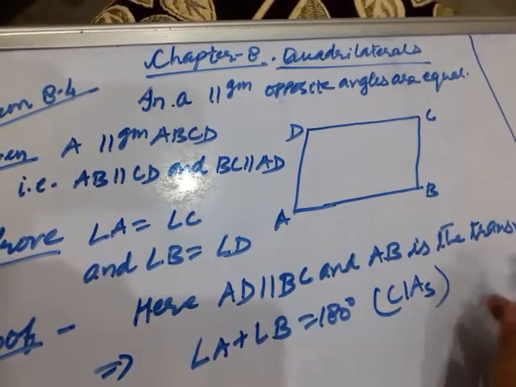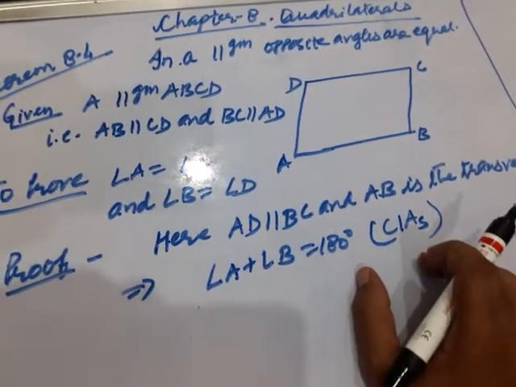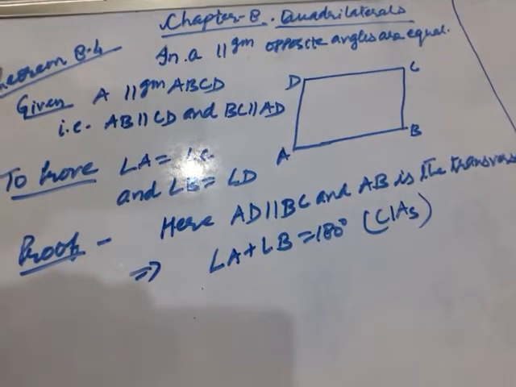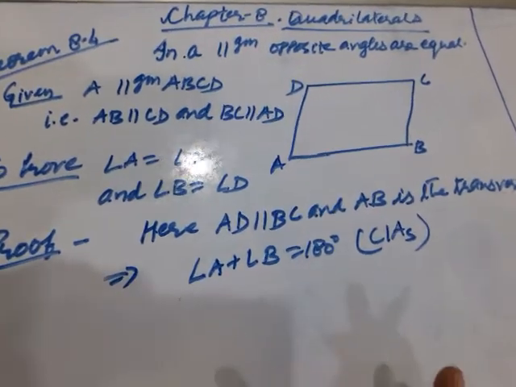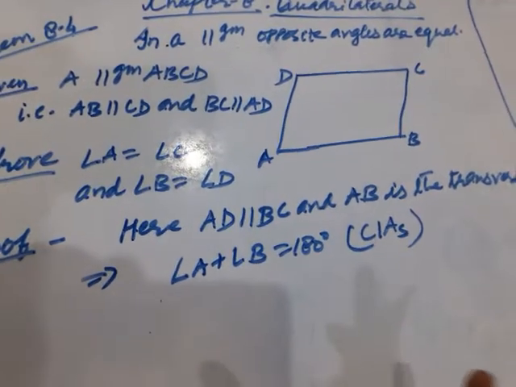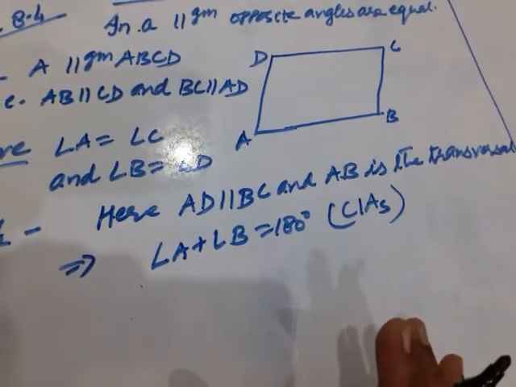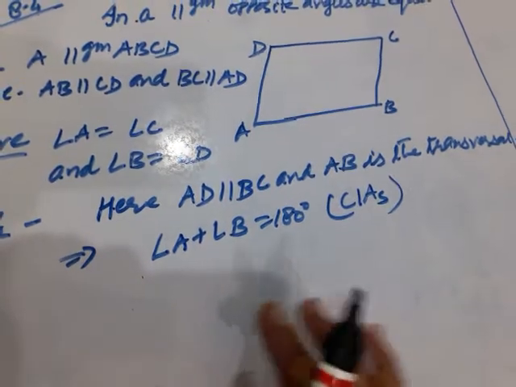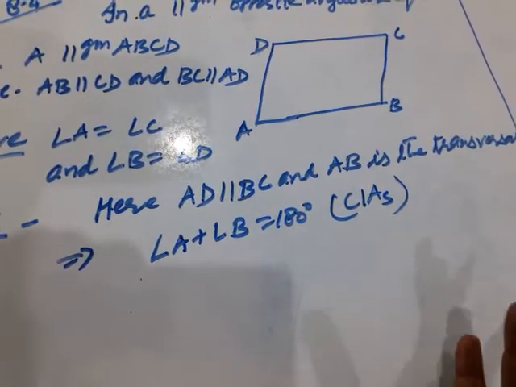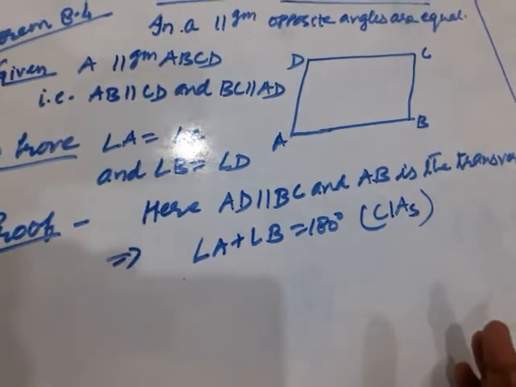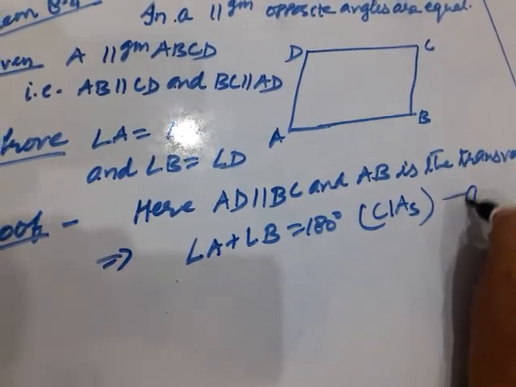What is this property known as? CIA, that is co-interior angles or consecutive interior angles. The property is that the sum of interior angles on the same side of the transversal is 180 degrees, or they are supplementary. Okay, children, let it be equation number 1.